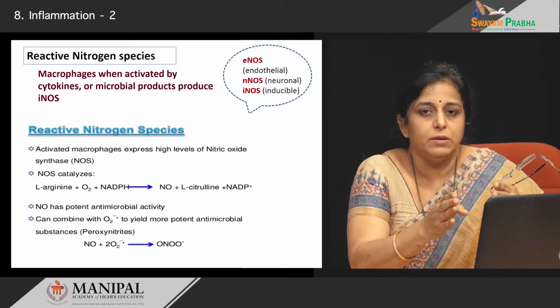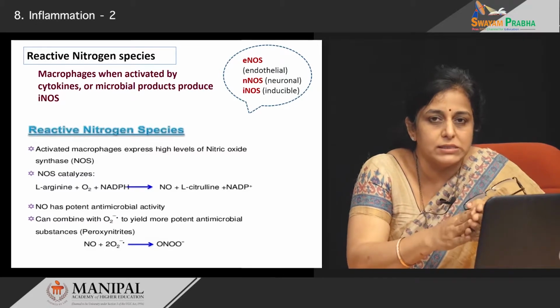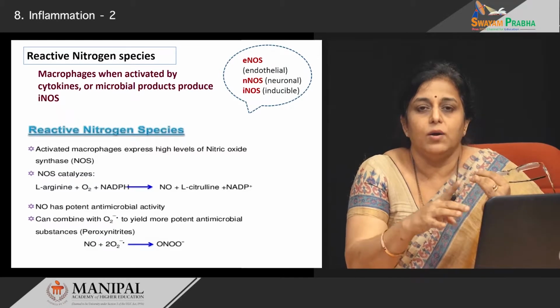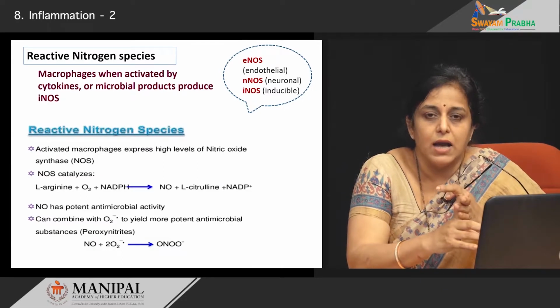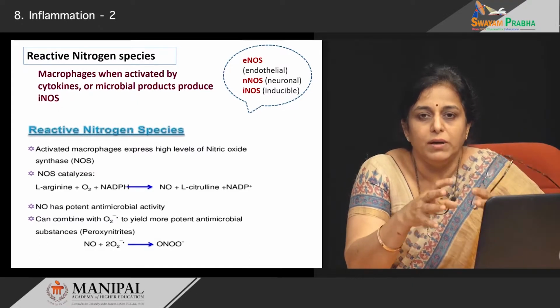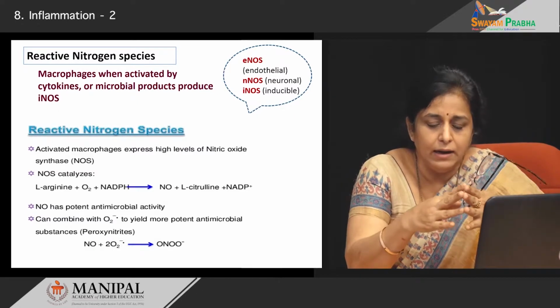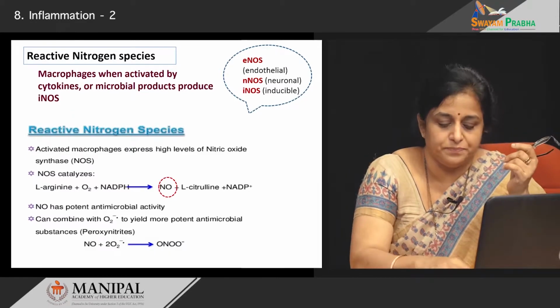And the non-oxygen dependent or oxygen independent mechanism, we learnt about the various enzymes like the lysozymes, we learnt about lactoferrin, we learnt about hydrolytic enzymes, and also we learnt about defensins. So, all these together are able to kill and degrade the bacteria or any injurious agents.